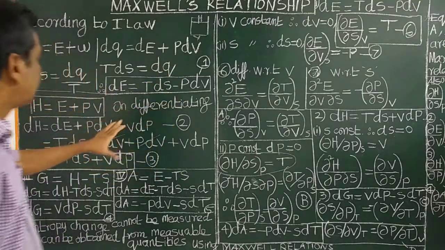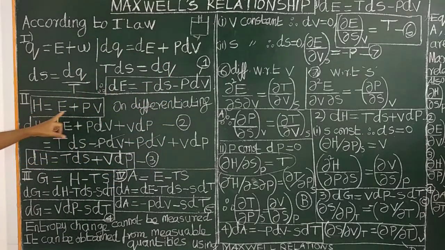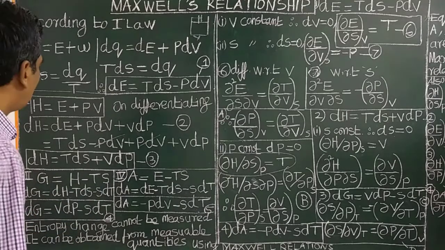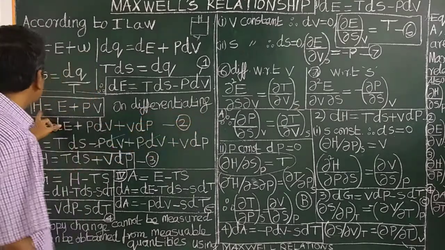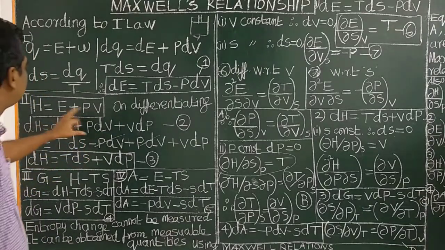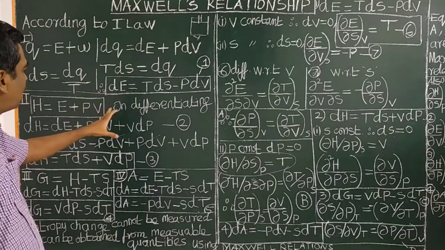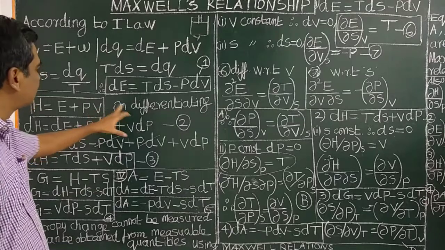There are 4 more. Now use H equal to E plus PV. You know this relation from your plus 2 also. H is the heat content, E is the internal energy, P is the pressure of the system and V is the volume of the system.